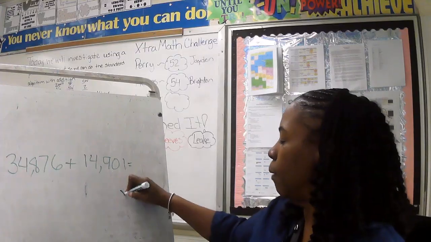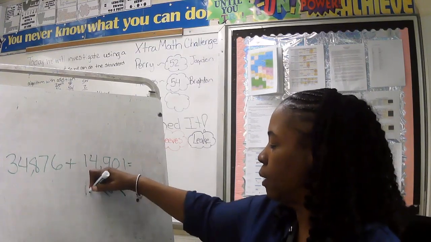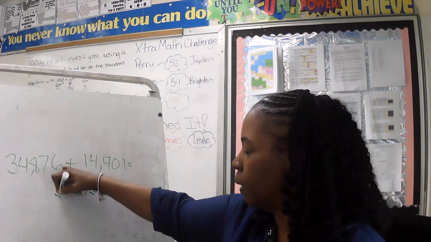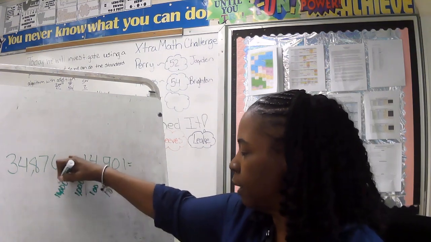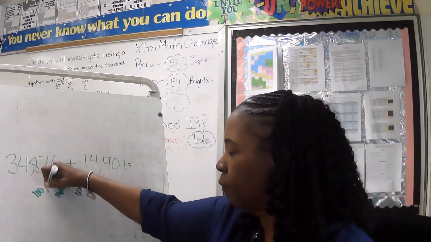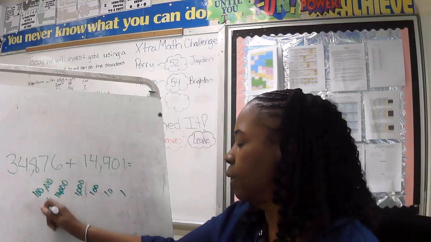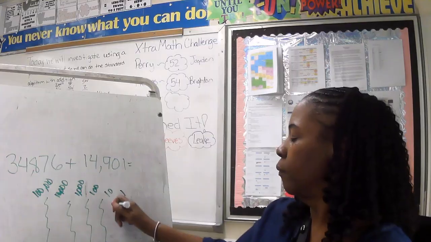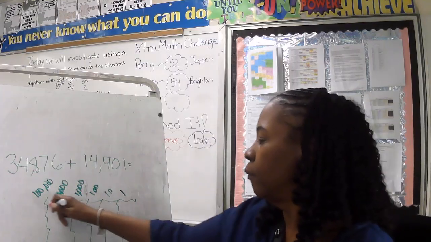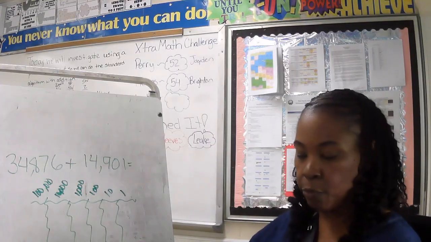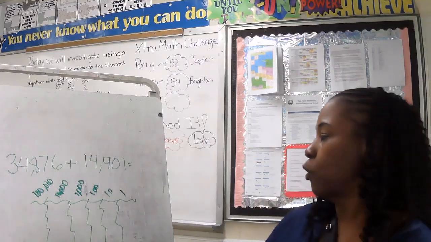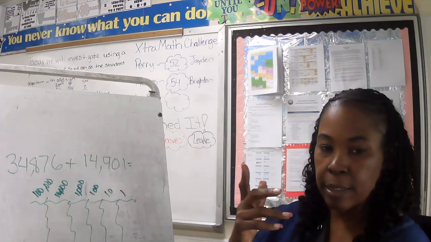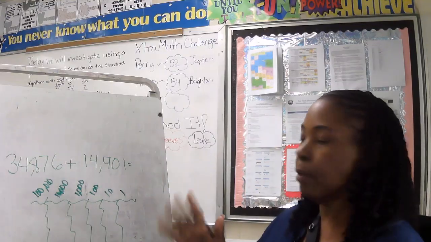Okay? So I have my ones place, tens, 100 place, 1,000 place, 10,000 place, 100,000 place. Okay, and I'm going to put them on my place value chart. Well, I notice here there are 5 digits, so I know that it's the 10,000s place. And I'm also going to count the digits.